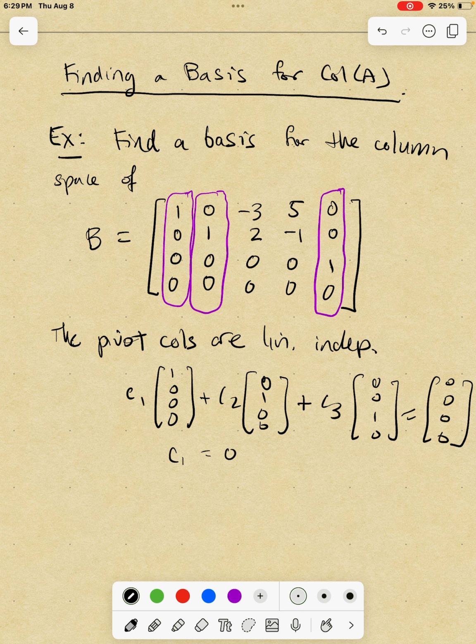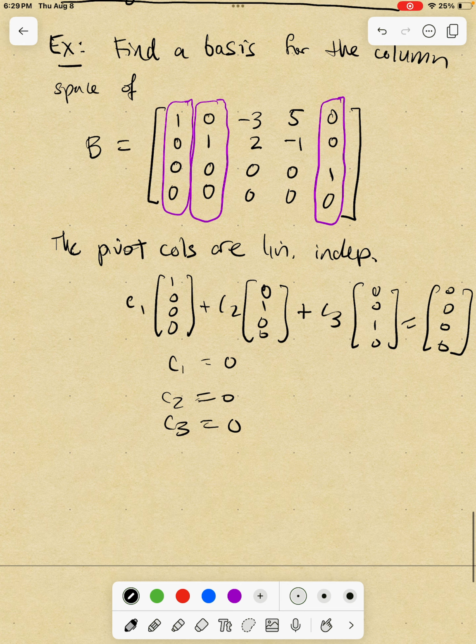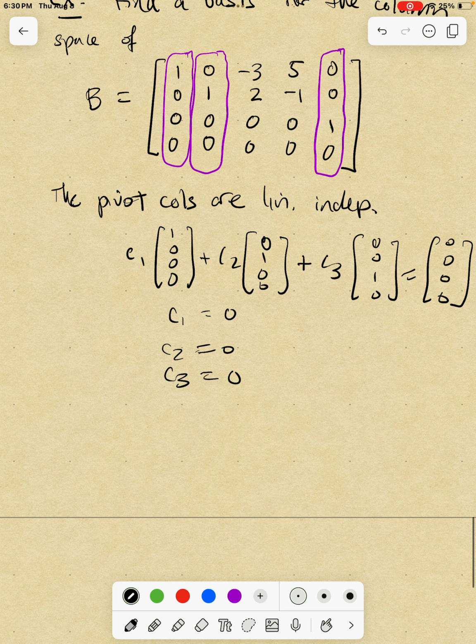The second equation gives c2 is 0, and the third equation tells you that c3 is 0. So that shows that these vectors are linearly independent.